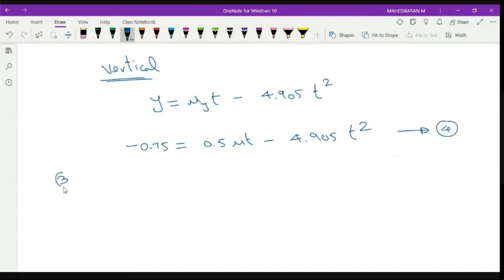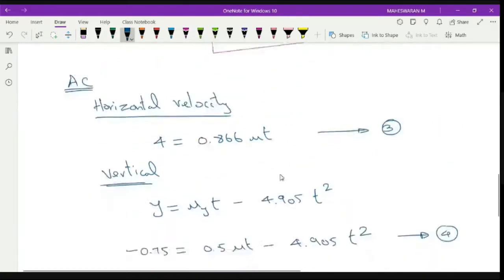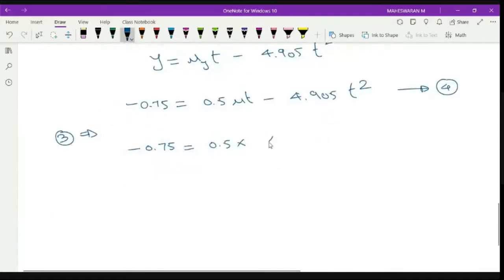We can substitute 3 here. When I substitute 3, we get minus 0.75 is equal to 0.5 into ut, which is 4 by 0.866, minus 4.905 t square.